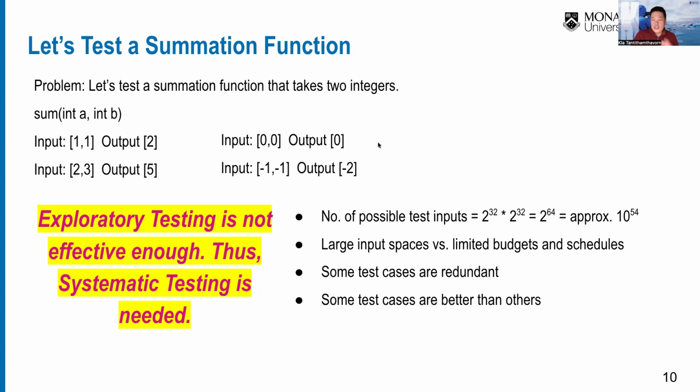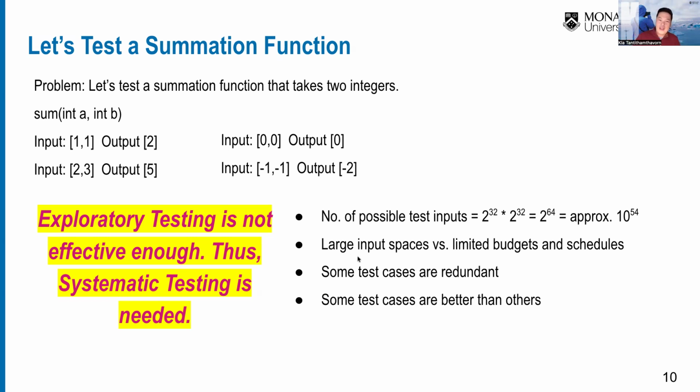Because the integer space is 2 to the 32, the number of possible test inputs for this summation function could be 2 to the power of 64, which is about 10 to the power of 54, that's like 54 zeros. That's the possible test input.